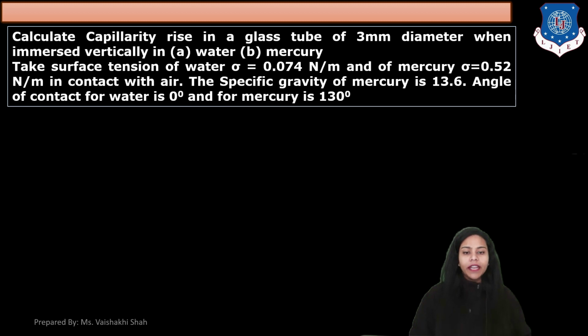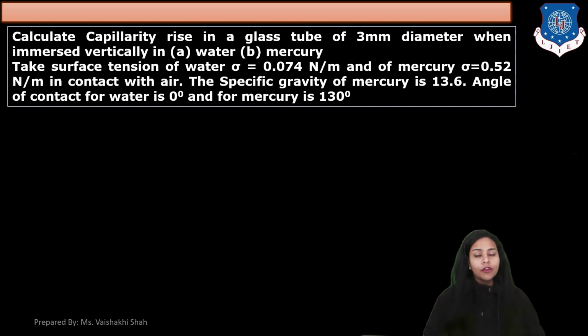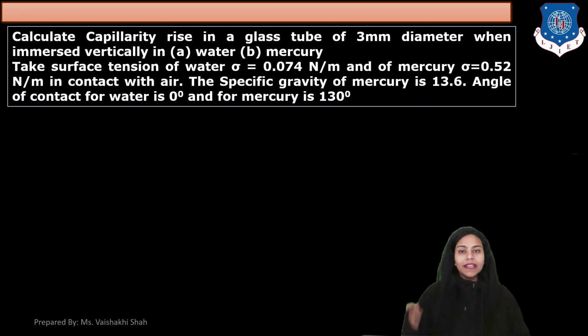Angle of contact of water is 0 degree, and for mercury it is 130 degree. Now if in any example the angle of contact is not given to you, then you have to remember this value. For water theta is 0 degree, and for mercury theta is 130 degree.